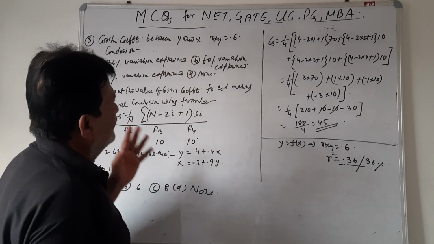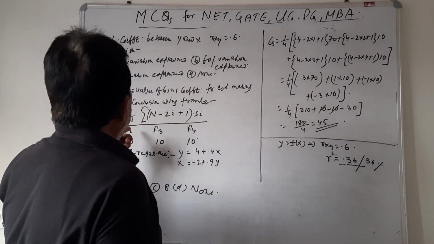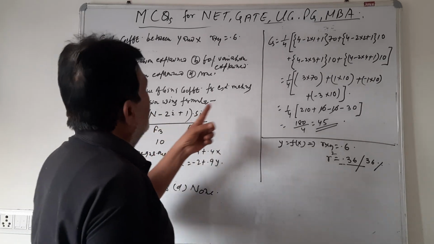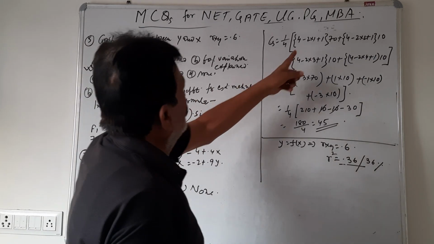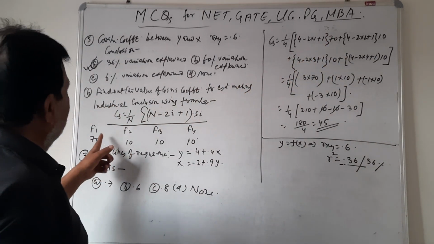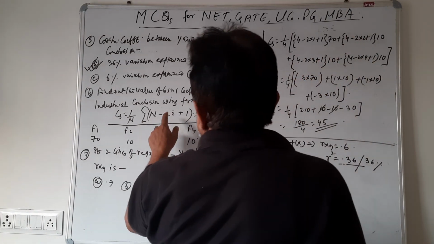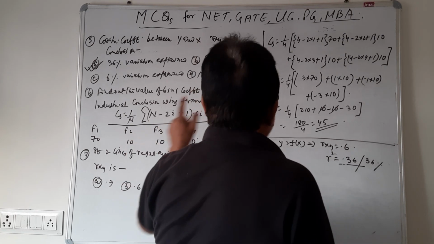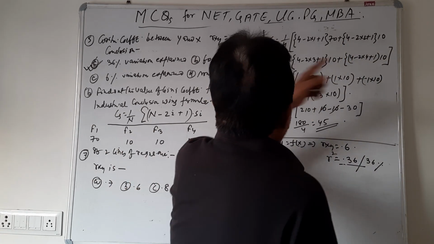Now it will be calculated in this way. G is 1 by 4, and for all 4 industries this formula has to be applied. N is 4 minus 2 into i, where i is the first industry, so 2 into 1 plus 1, into the contribution of the first industry, 70. For the second industry, 4 minus 2 into 2, where i is the industry's position, plus 1, and the contribution of F2 is 10.